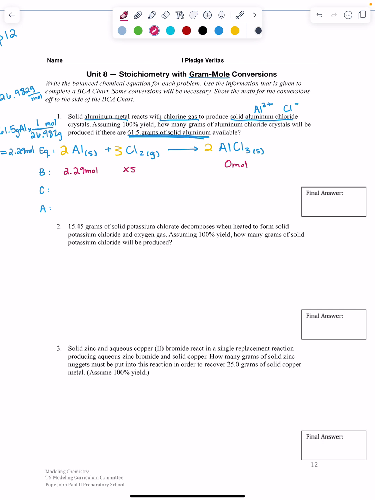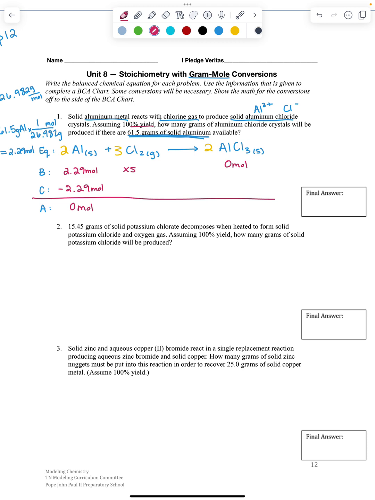Okay, and it says 100% yield. That means that all of the aluminum has reacted. So I can do minus 2.29 moles of aluminum here, and that will give me a final amount of aluminum of 0 moles.